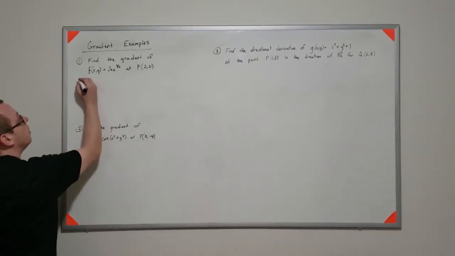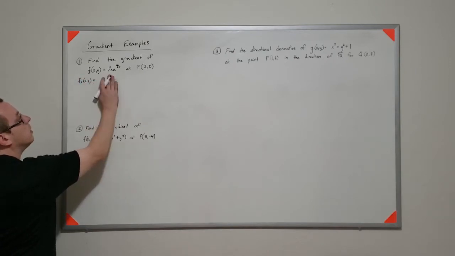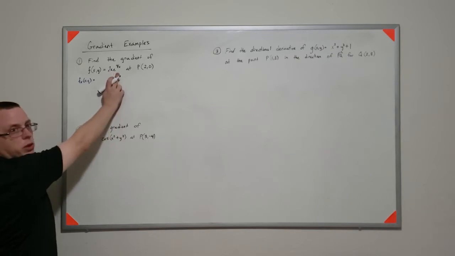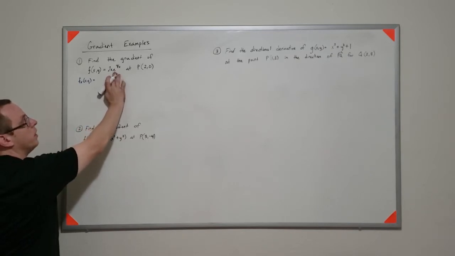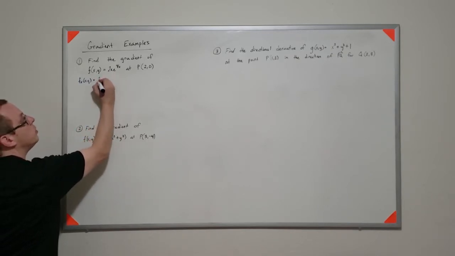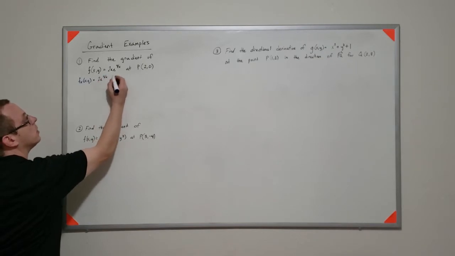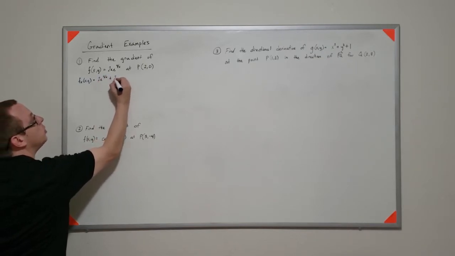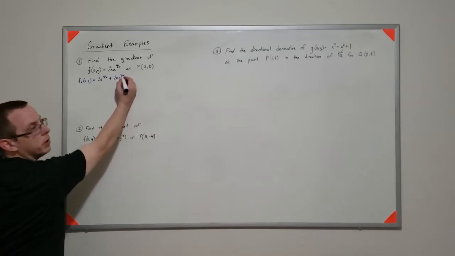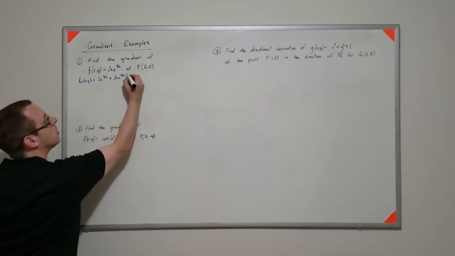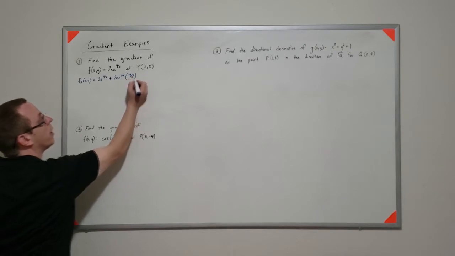So if I get the partial with respect to x, then we're going to have to use a product rule here because I have an e to something and an x. So that'll be 2e to the y over x plus 2x e to the y over x times the derivative of y over x, which is negative y over x squared.